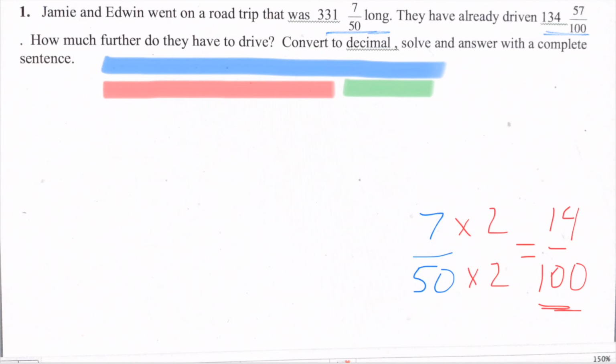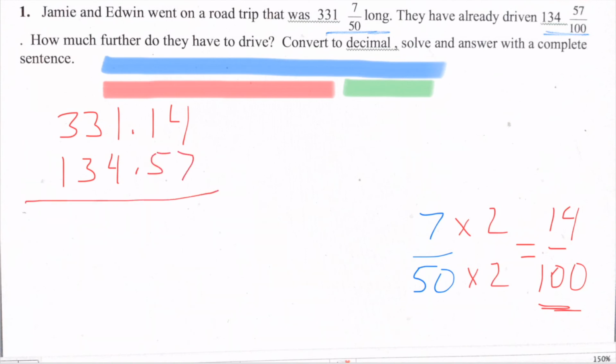So the first number will be 331.14. The second number that we're going to subtract is already in an easy to convert form. So 57 hundredths would look like this: 134.57. Now it can be more or less easily subtracted. We may have to borrow.